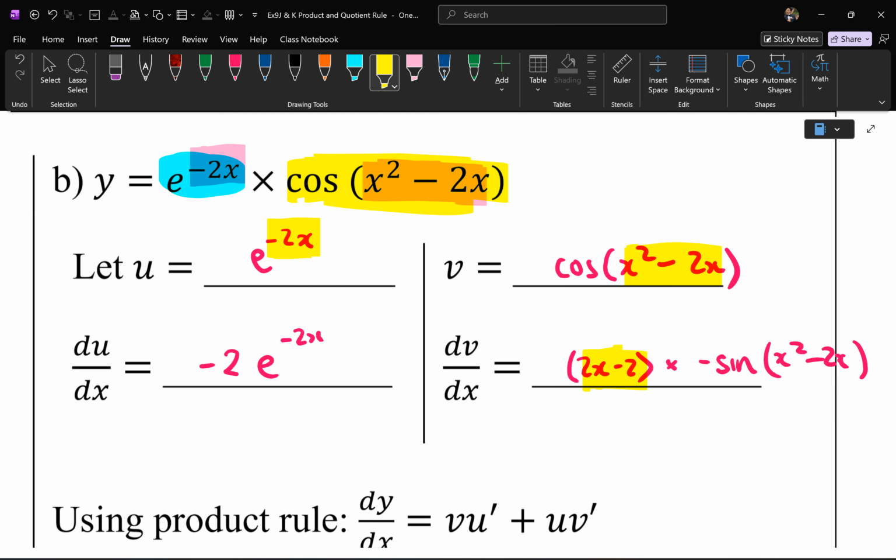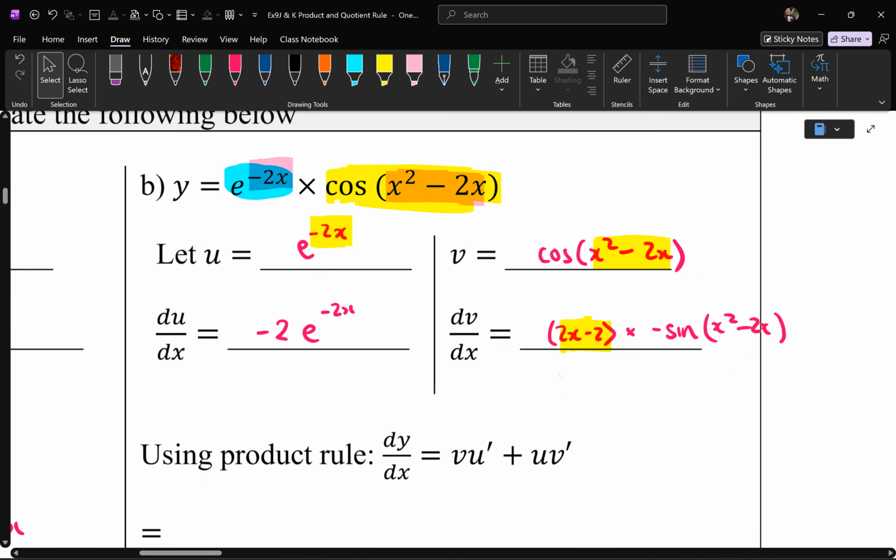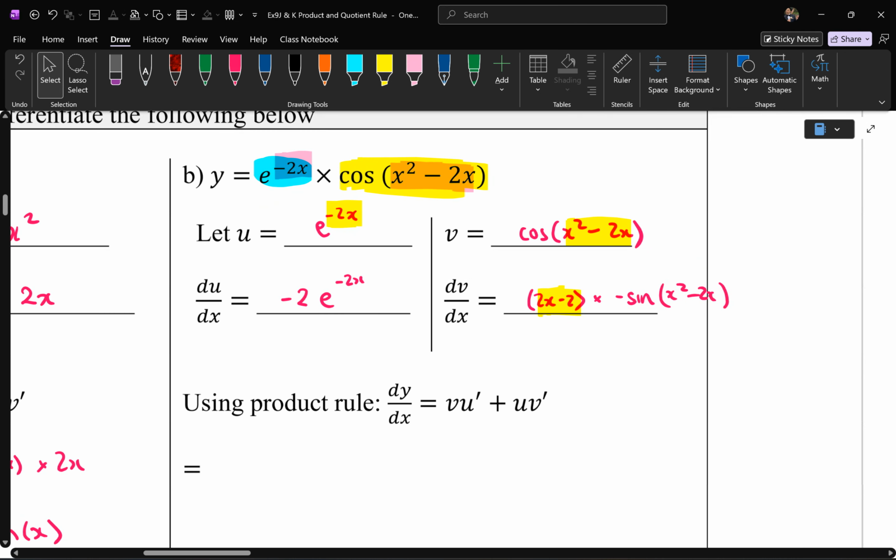Derive the inside, that's how he got 2x minus 2. Then he derived the outside, which means he's ignoring what I just highlighted. Derivative of cos is just negative sine, but whatever was inside the brackets, he's had it over here. So this is a classic du dx times dy du. Yeah? And that's what I meant by derivative inside, outside. That's chain rule. Okay? Once you've done that, that's probably the hardest bit.